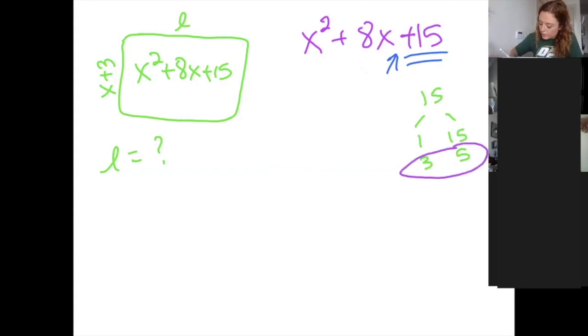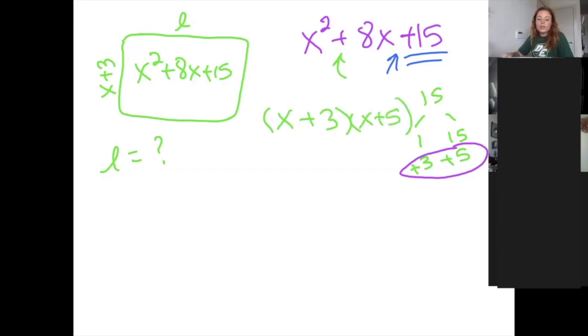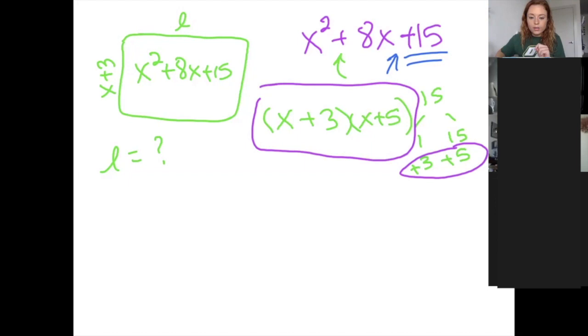And then the sign in front of the B tells us the sign of those numbers. So they both would have been pluses. And once you figure that out, you can automatically just rewrite it, x plus 3, x plus 5. Whenever it's a leading coefficient of 1, there's never going to be a number in front of those x's, so there's a shortcut if you get it.